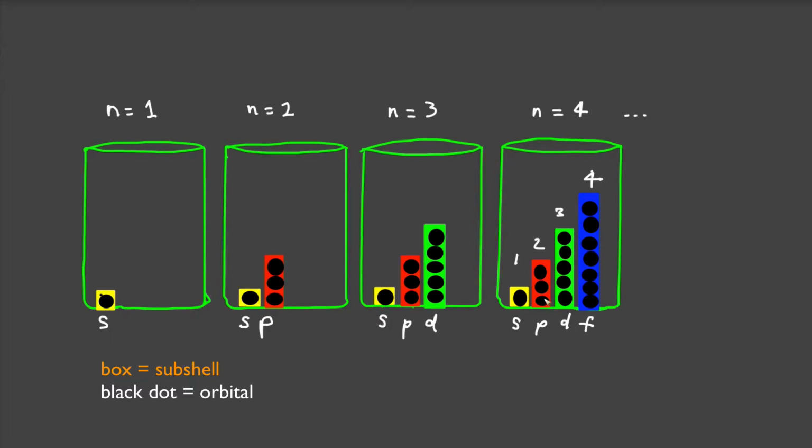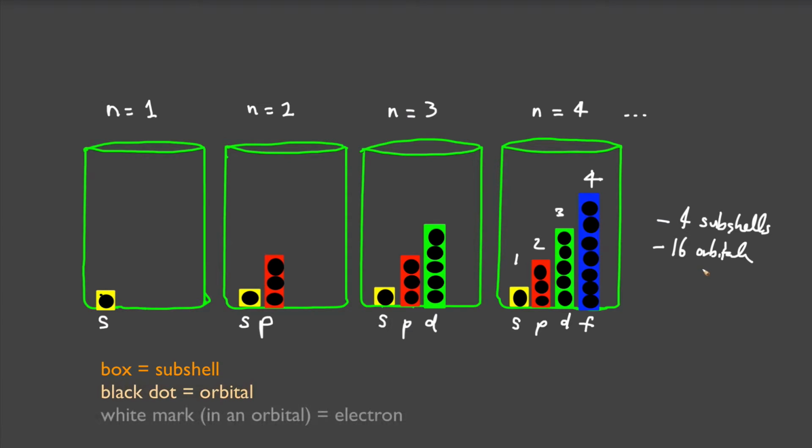So I see 1, 2, 3, 4, 5, 6, 7, 8, 9, 10, 11, 12, 13, 14, 15, 16. There are 16 orbitals. So let's go ahead and take tally of what we have here. And we determine there are 4 subshells or 4 sublevels.